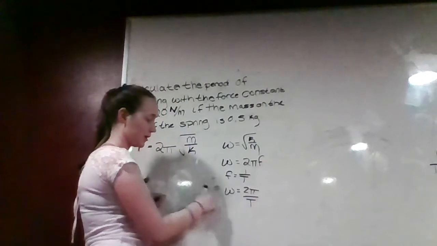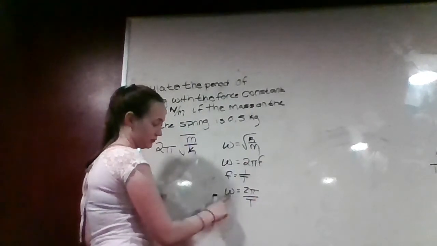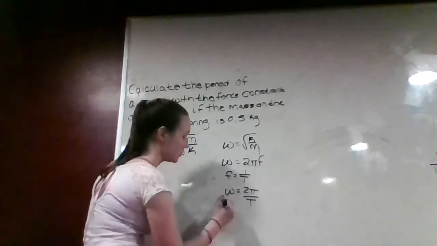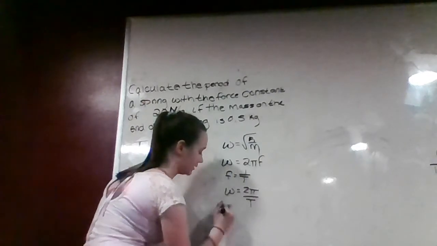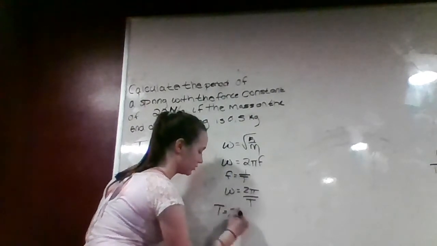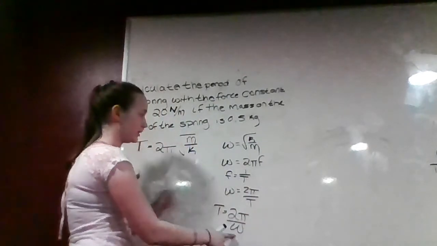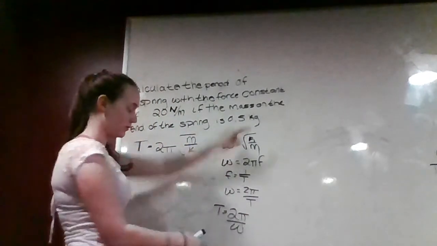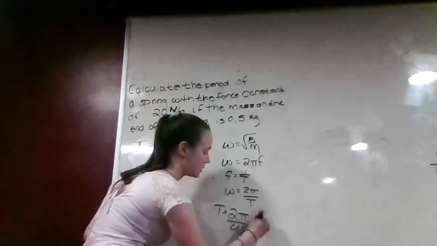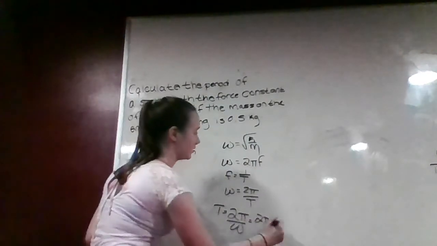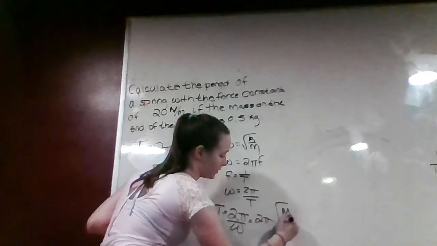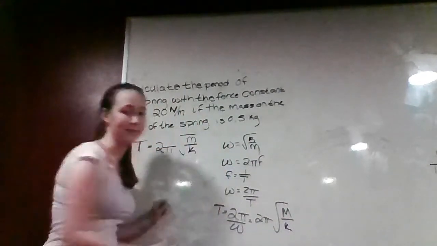And if we multiply the period over there, divide it by omega and put it down there, we'd find that the period would equal 2 pi over omega. And we know that omega equals the square root of k over m. That would flip because it's inverse, and you get square root of m over k times 2 pi.